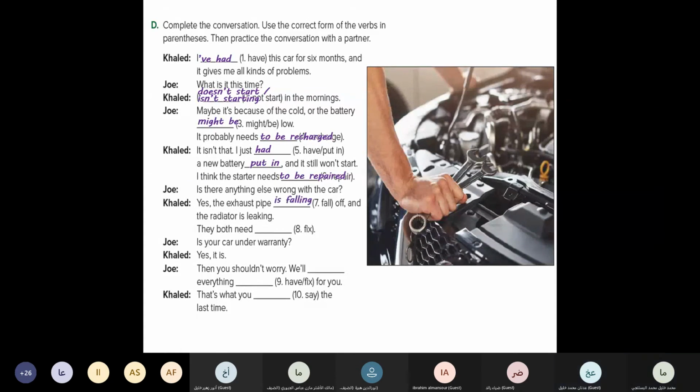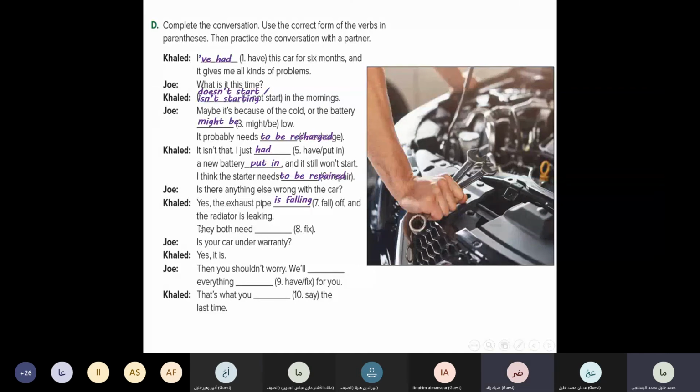Good. And the radiator is leaking. Here we put is falling, and we can, because here the radiator is leaking. The exhaust pipe fell, simple past. It's better than is falling. Fell off, and the radiator is leaking.